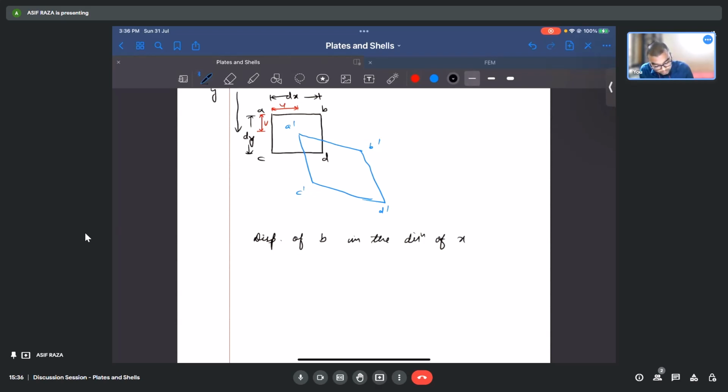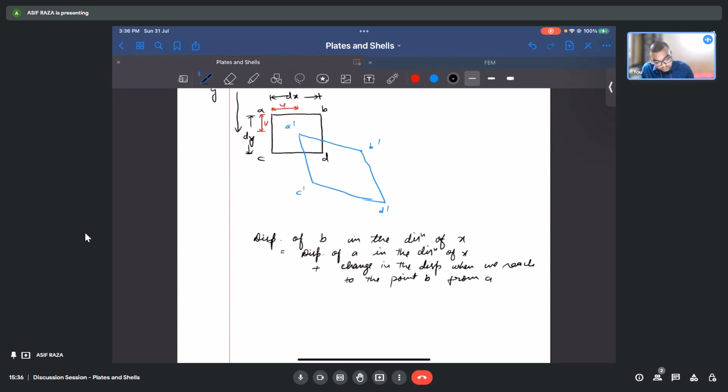It would be the displacement of A in the direction of x plus the change in the displacement when we reach the point B from A.